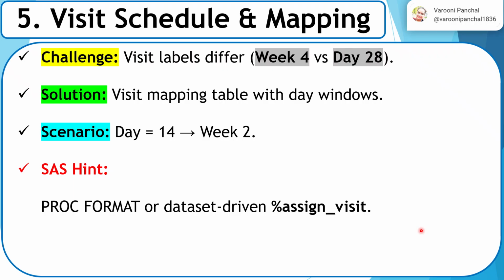So wherever there is week 4, we assign a specific day, and day 28 refers to some week, right? In those scenarios, you can use this macro as a dynamic one, so that minimum time is spent in coding, and more focus goes on getting the correct results and the validation, redoing, or traceability of data.